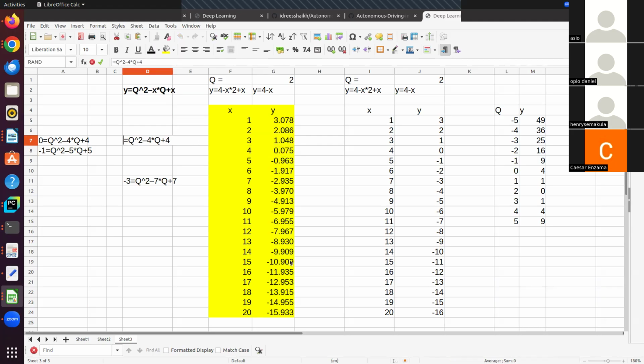So I'm going to plug in the number 0.075. If I solve it, the Q will not be exactly 2, it will be very close to 2. Everybody got it?